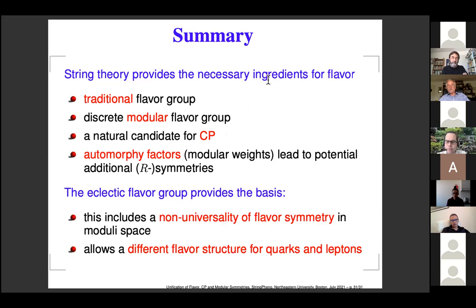This is also interesting from the point of view of moduli stabilization, which I have not discussed here at all, and which hasn't been discussed very much yet. Very often you are driven to points which are close to these fixed points. So I think that was the major point.